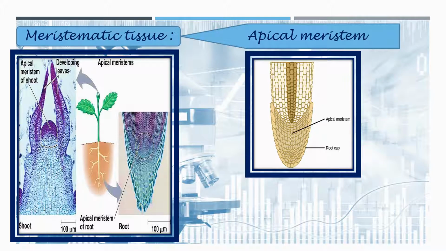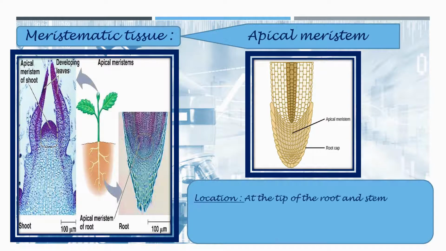Now let's learn about the types of meristematic tissue. So the first type is apical meristem. Apical meristem is located at the tip of the root and stem, and the function of apical meristem is that it increases the length of the root and stem.